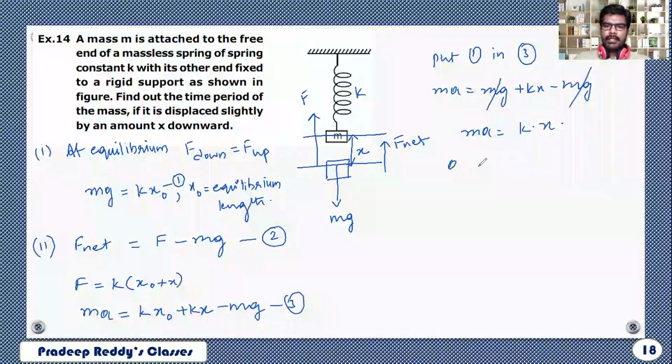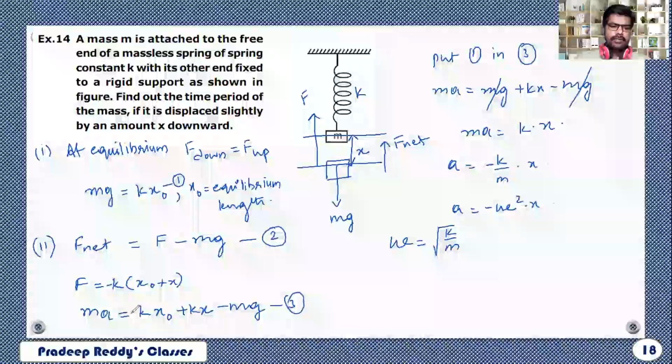So a can be written as k by m into x, which can be written as omega square into x. So from here you can write omega is equal to under root k by m. Of course, everywhere here a minus should be there according to sign convention, and that minus I'm writing it here.